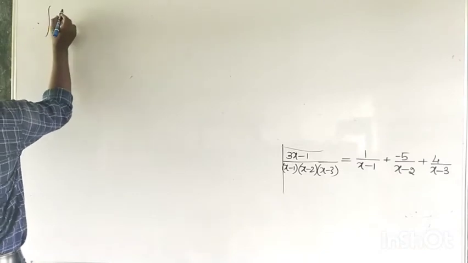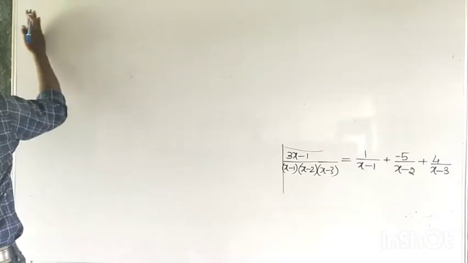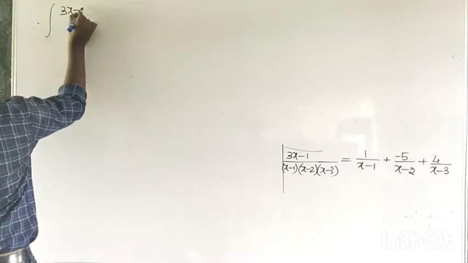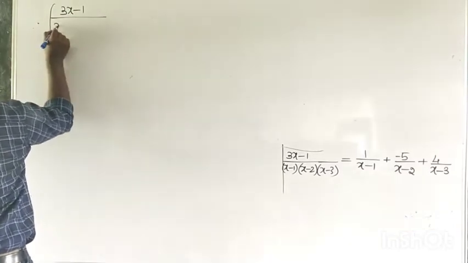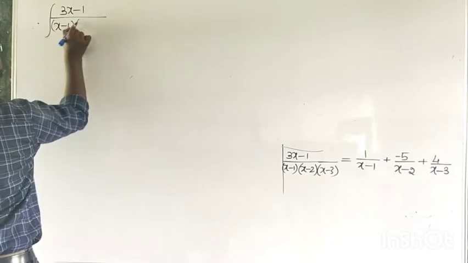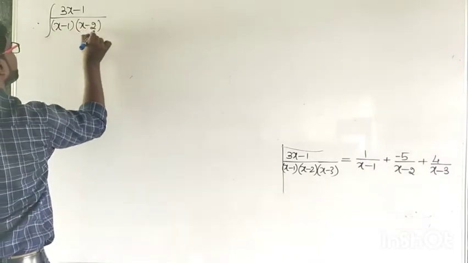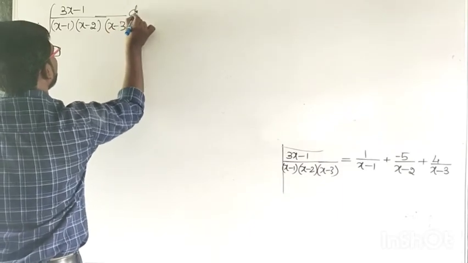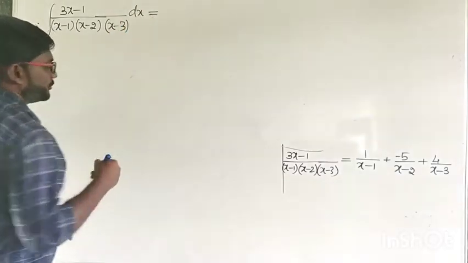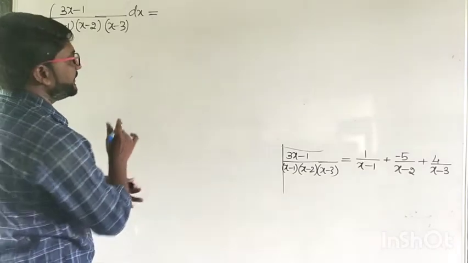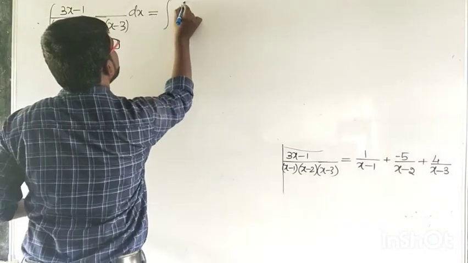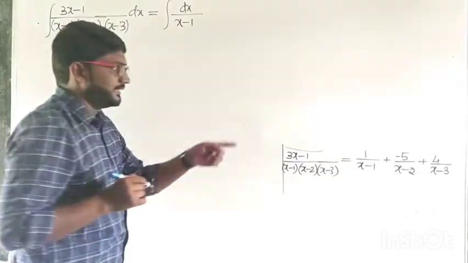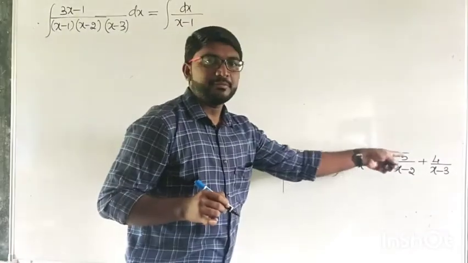We get the integral of 3x minus 1 divided by x minus 1 into x minus 2 into x minus 3 dx, which is equal to integration of dx by x minus 1, then plus into minus, it is minus.